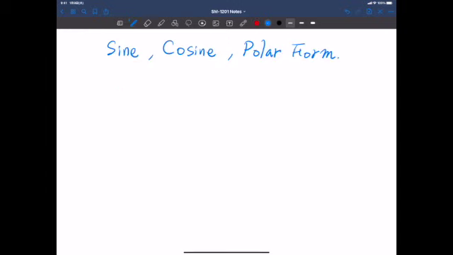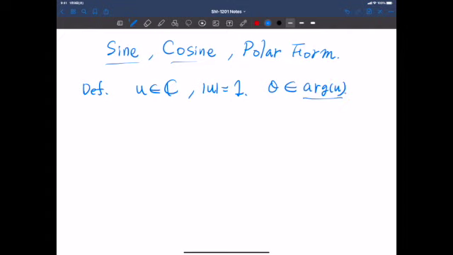Next, we move on to defining some trigonometric functions, sine and cosine and maybe tangent. Okay, so here's the definition. Let's say U is a complex number with unit modulus, and let theta be an angle, an element from the argument of U. Remember, this argument is a set of angles defined by the angle between U and the real axis.